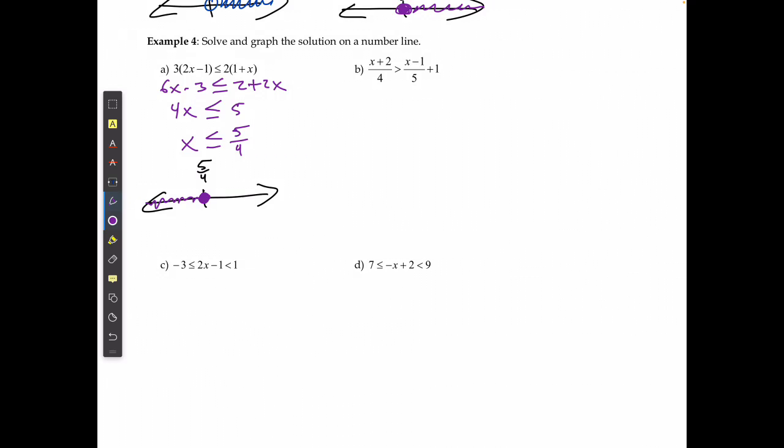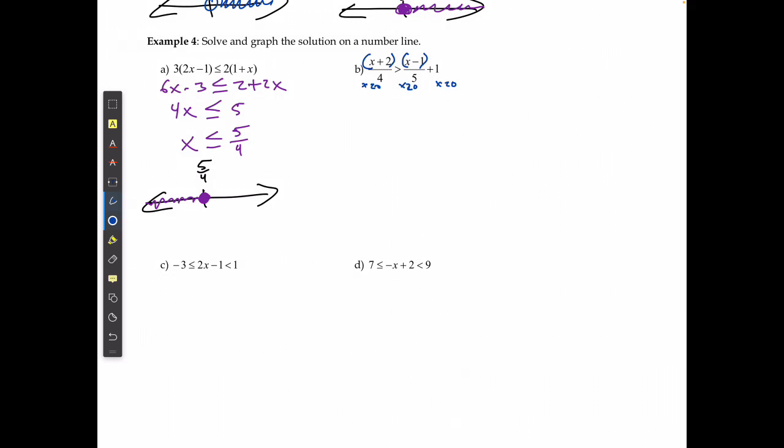In the second one, I've got to get rid of these fractions. So I'm going to multiply both sides by 4 and by 5, or use the common denominator rule. And I'm going to say that I'm going to multiply all of the terms by 20. Now, be careful because I have binomials on the top.